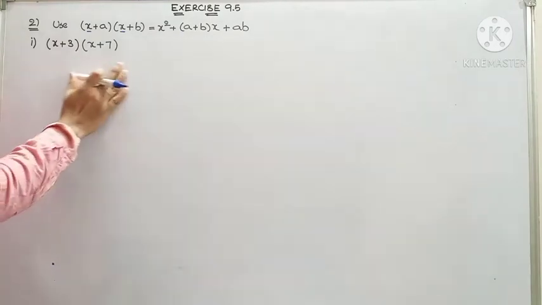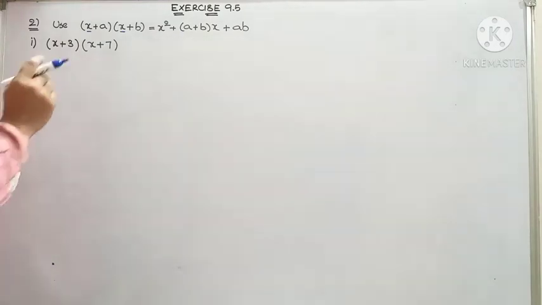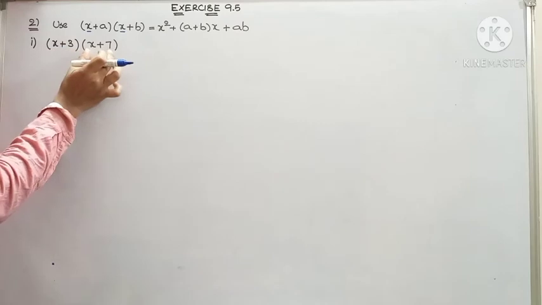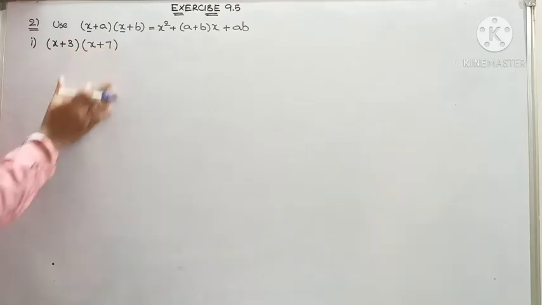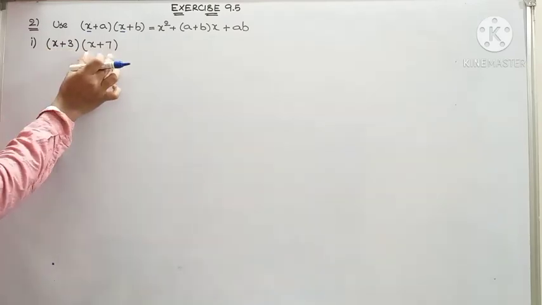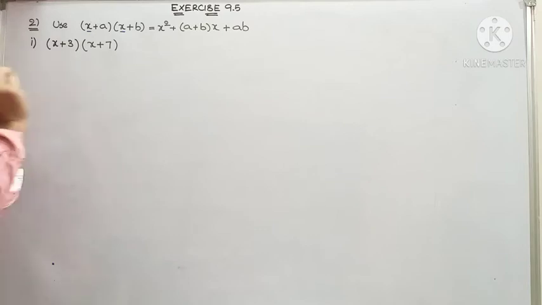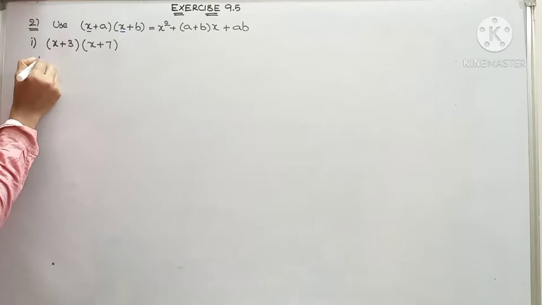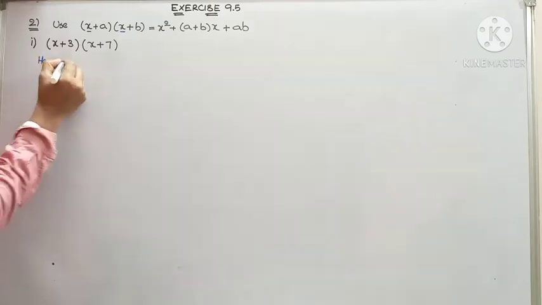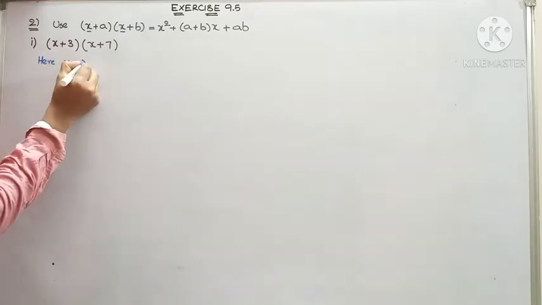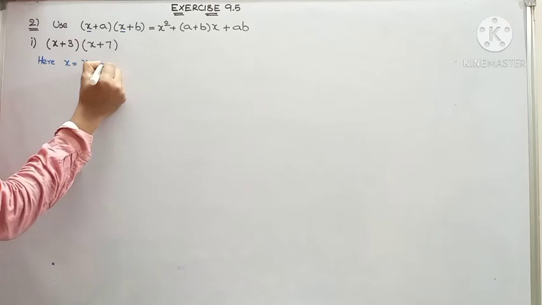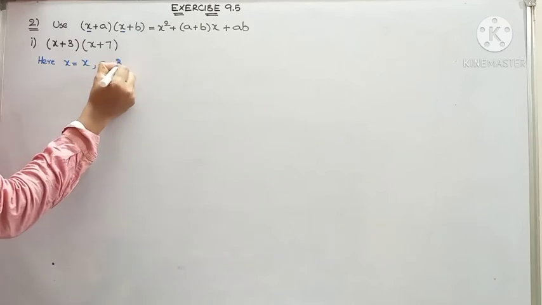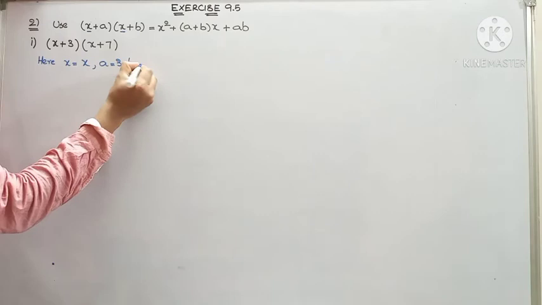So let us take the first question: (x + 3)(x + 7). As we have to use this identity, we can write here the value of x is x itself, a is 3 and b is 7.